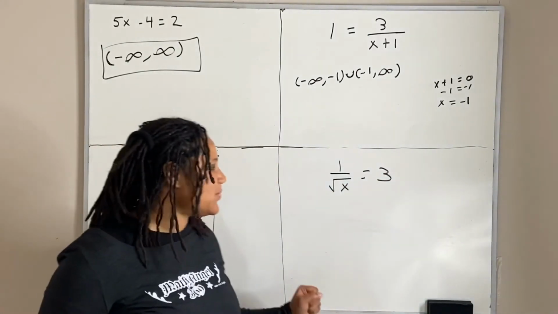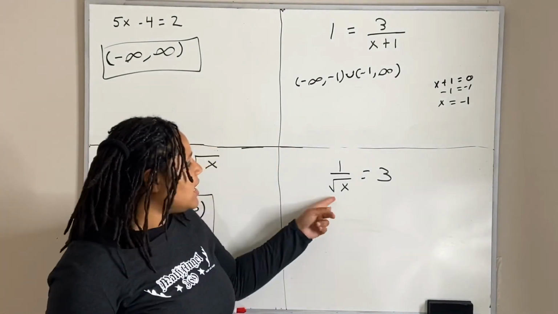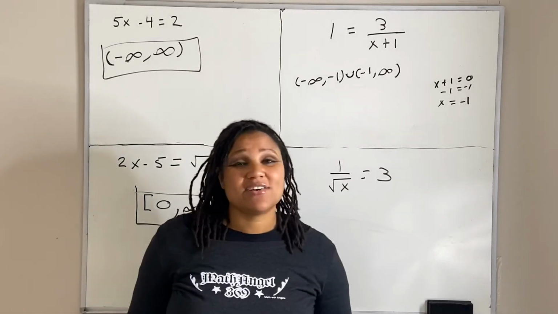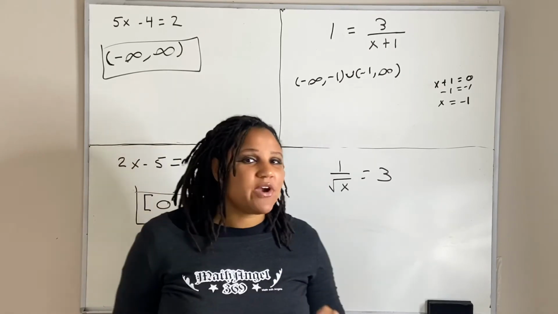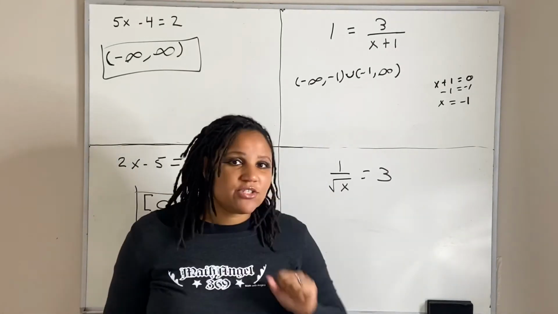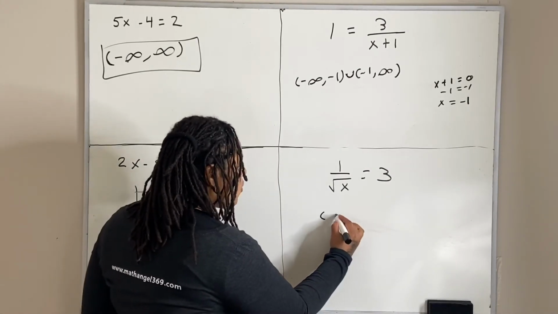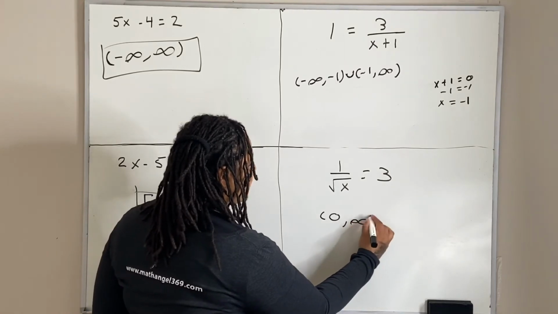Now let's look at this one. Now we have two things we need to consider. We need to consider a 0 in the denominator, and we also need to consider a negative number under the square root. So we don't want those two things to happen. So in this case, we're going to say 0 to infinity. Why?